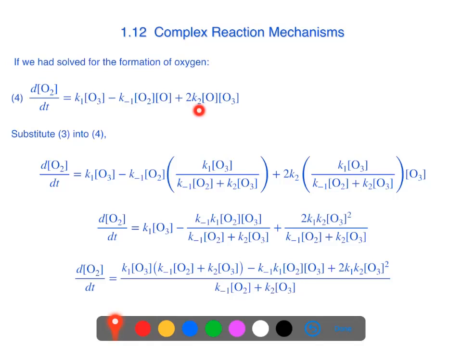So we have a 2K2 times the concentration of atomic oxygen and ozone. Now we can substitute in for atomic oxygen using the expression that we determined after applying the steady state approximation. So we can substitute 3 into this new expression 4, and we end up with the following.